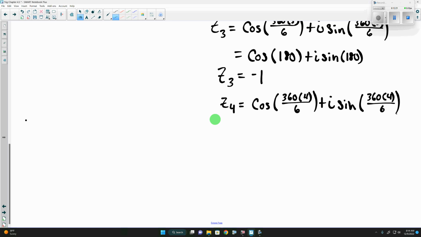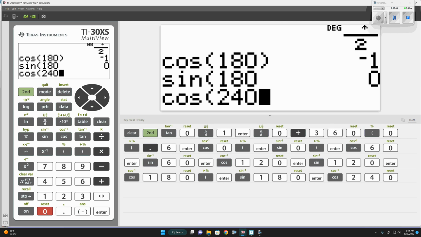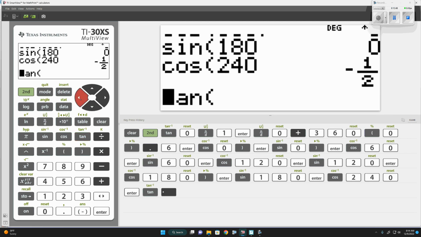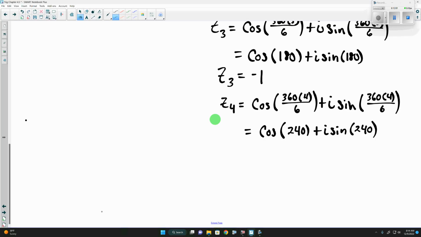And again, if we do this here, we're just going to find out that it's cosine of 240 plus I sine of 240. And again, we can plug it in the calculator. Cosine 240, sine 240. So -1/2, negative square root 3 over 2.